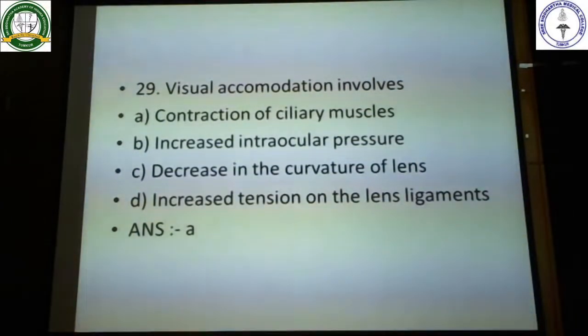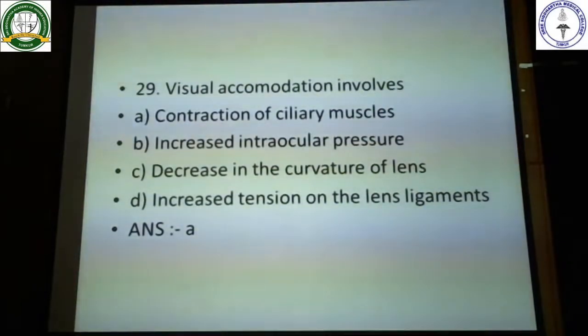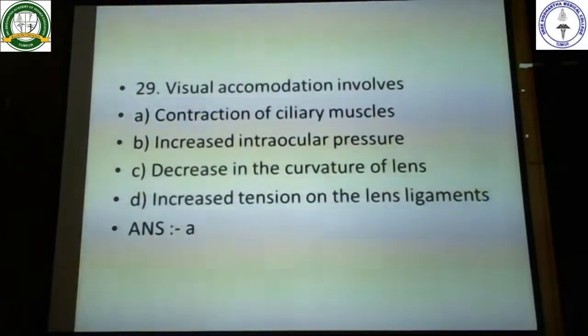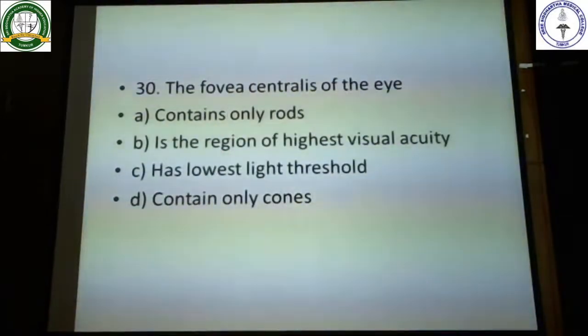When you are seeing distant vision and suddenly you have to come to near vision, what happens? The ciliary muscles have to contract. So the answer is contraction of ciliary muscles. Visual accommodation involves contraction of ciliary muscles.